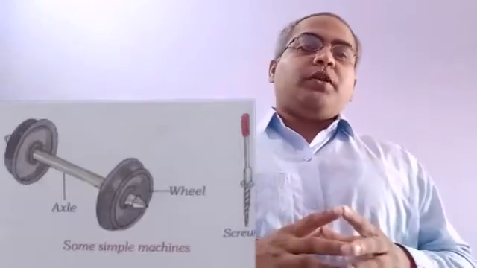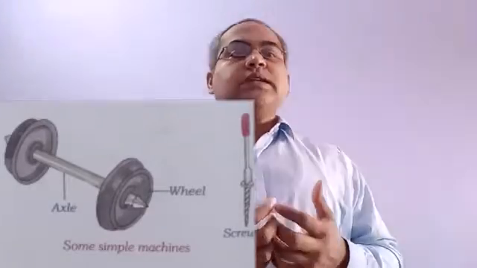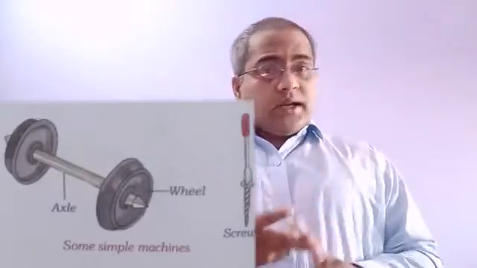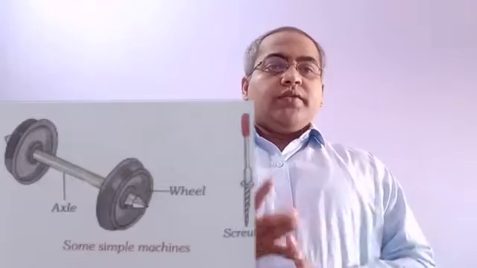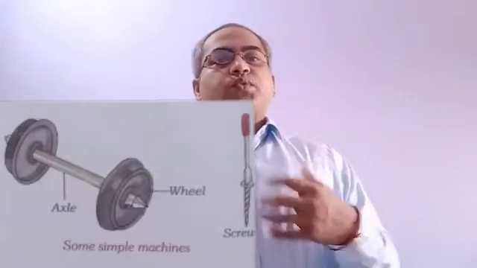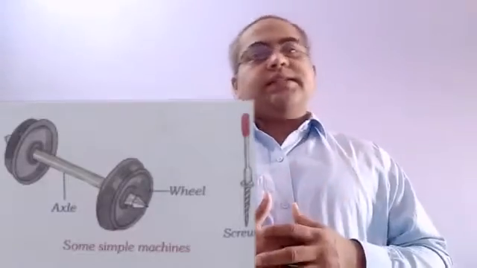This is what a simple machine is: devices which make our work easier and faster. Now let's discuss some of the simple machines like wheel and axle, inclined plane, pulley, lever, screw and wedge. These are the simple machines we will discuss in this chapter.